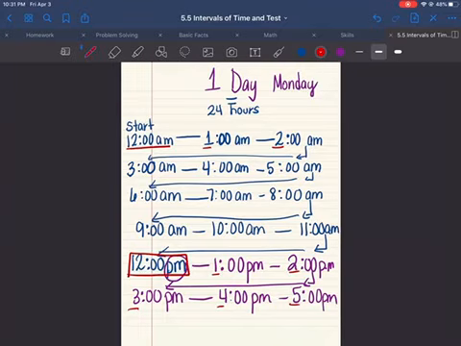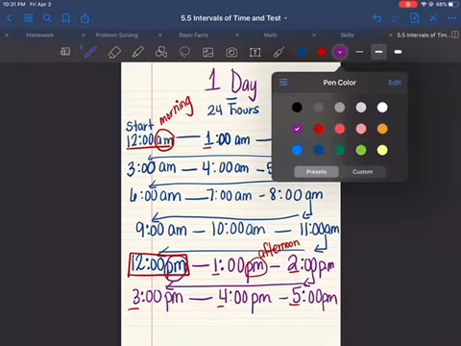But what changed was the time of the day. AM is referring to the morning. When we talk about PM, we're making reference to the afternoon.